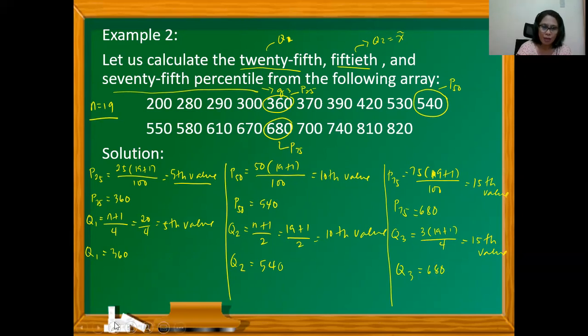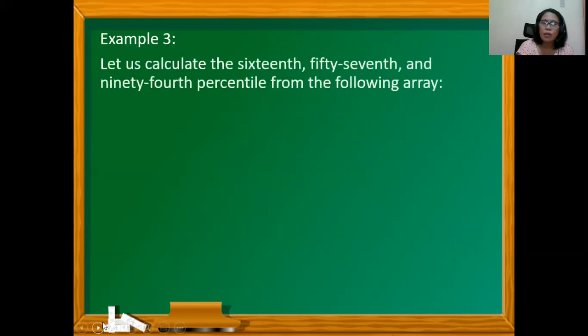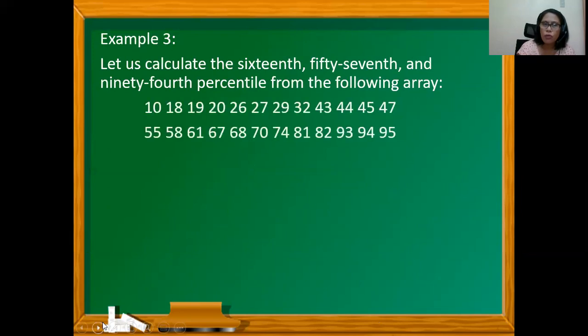So next example. Let us calculate the 16th, 57th, and 94th percentile from the following array. So here, n is 24. So there are 24 observations. So let's work on the 16th percentile. Let's consider the position. So this is 16 times (24 plus 1) all over 100.